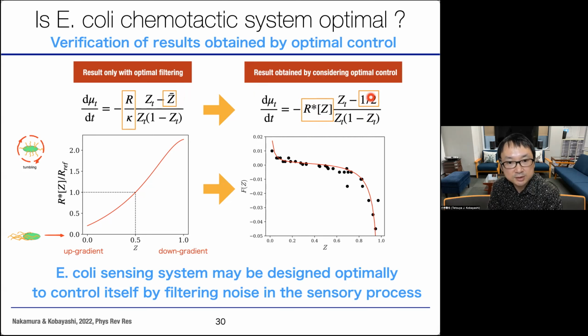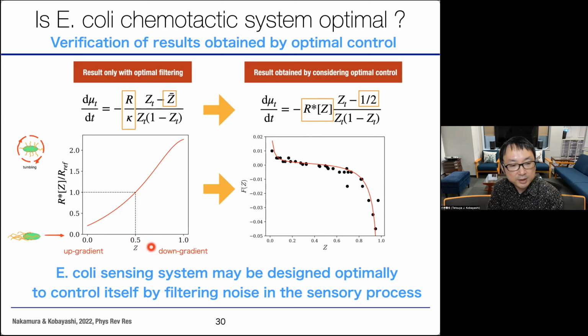This 1/2 is kind of prior information, but that swimming direction is biased by the control here. This R cannot be derived analytically, but we can obtain it numerically. This R looks like this as a function of Z. This is the posterior probability that it is going down the gradient.